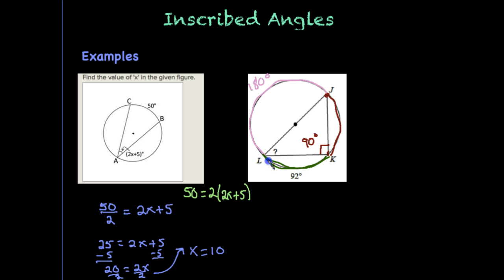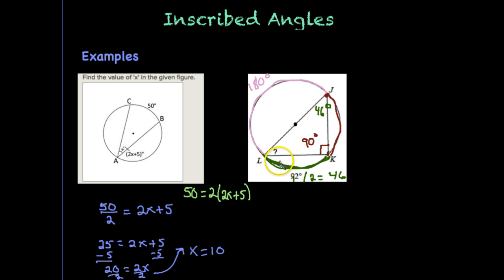We know that if this intercepted arc is 92, then the inscribed angle is going to be half of that. So if we take 92 divided by 2, we get 46. So this angle here is 46 degrees.